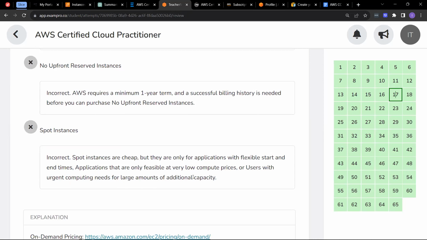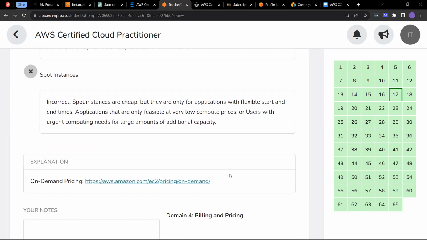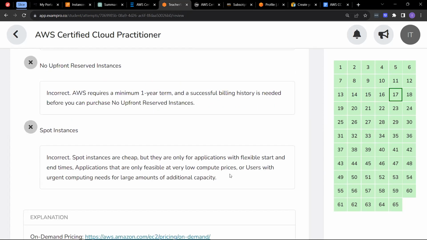If you need large amount of computing capacity, your application can tolerate reduced capacity in short spans. Okay, so I think that for spot instances, the question would definitely give you a clue on the fact that it doesn't need to be on for a long time. It doesn't require availability.